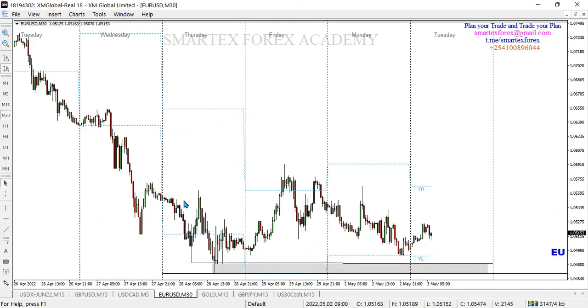That's where I expect the price to come back to, because if we get a successful raid of yesterday's low, and we get a QM setup at this zone, then we get the up move.